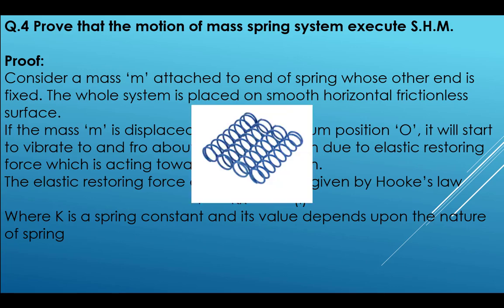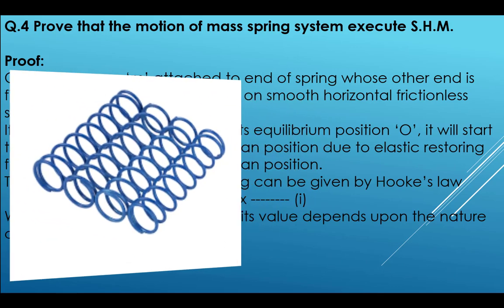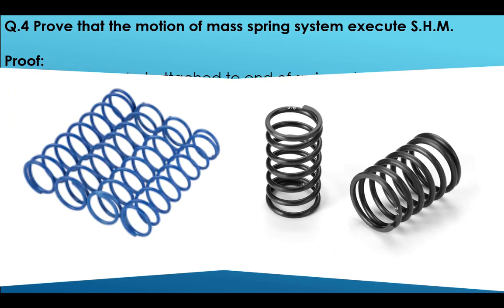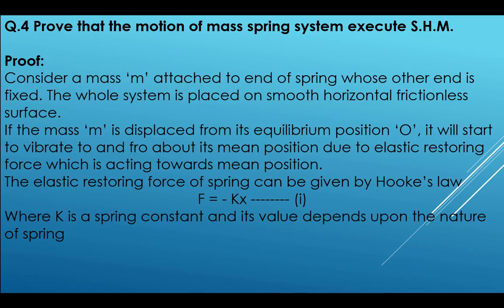Let's suppose we have two springs. The first one is a soft spring and the other one is a hard spring. If you displace the hard spring 1 centimeter and similarly the soft spring 1 centimeter, both will exert different forces.